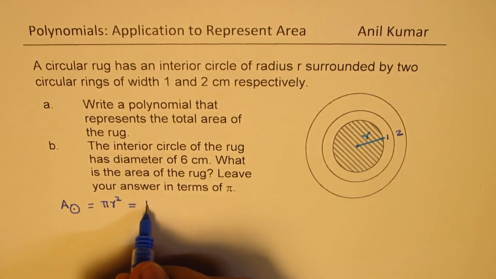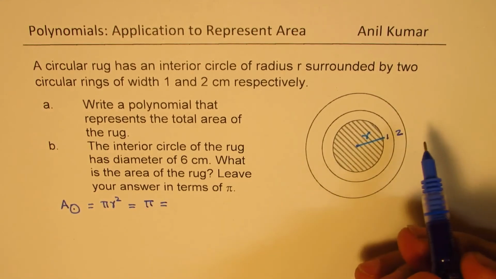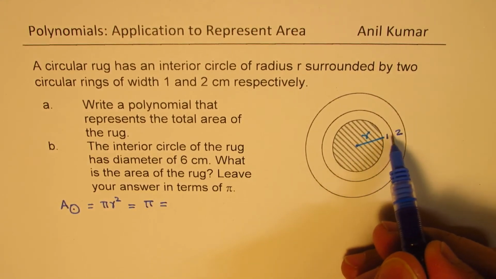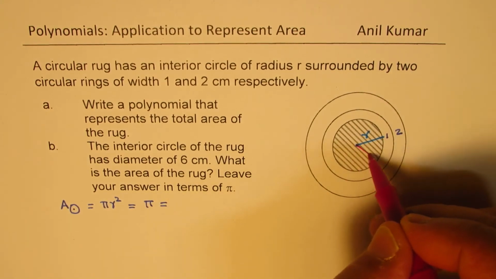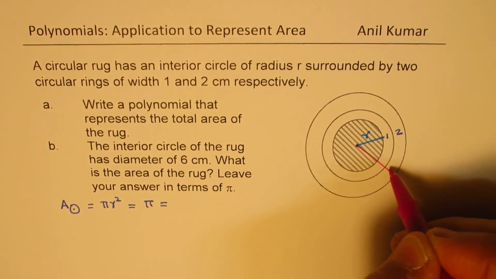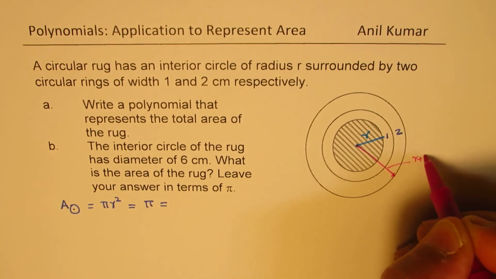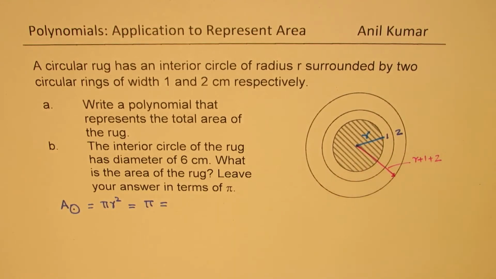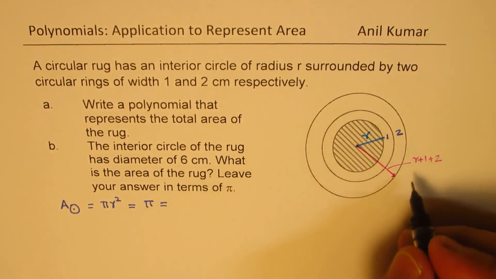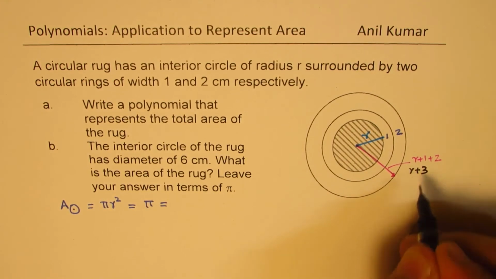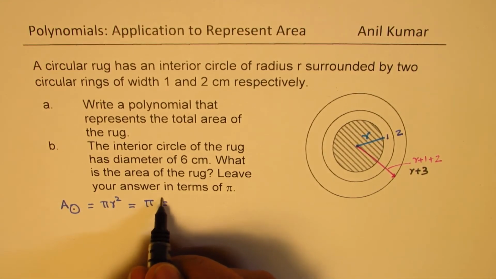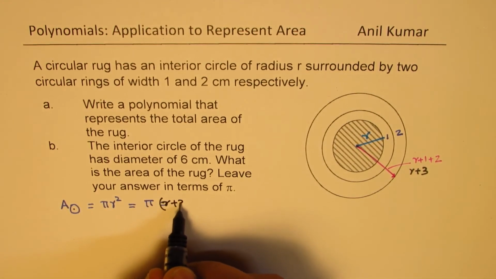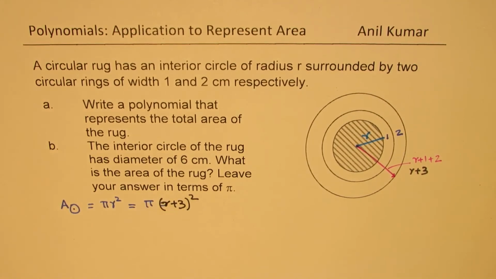So in our case, the radius will be this radius plus those 2 widths, right? So the net radius will be how much? So this is going to be r plus 1 plus 2, correct? Which is equal to r plus 3, right? So we'll write this as pi times (r plus 3) whole square. Is that clear to you?